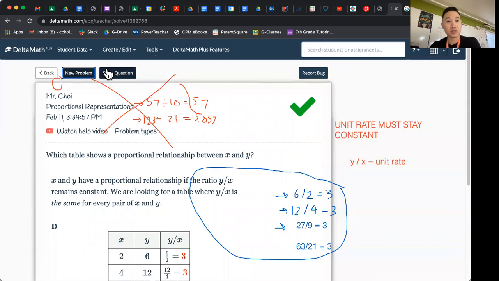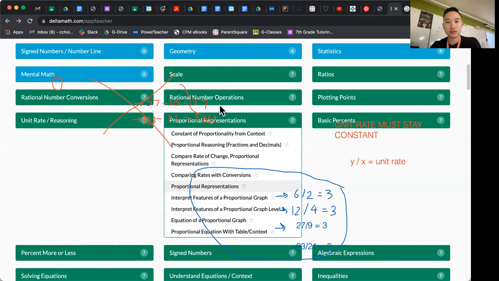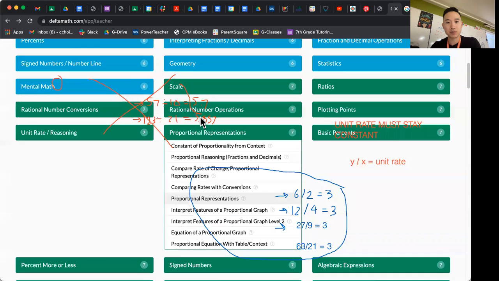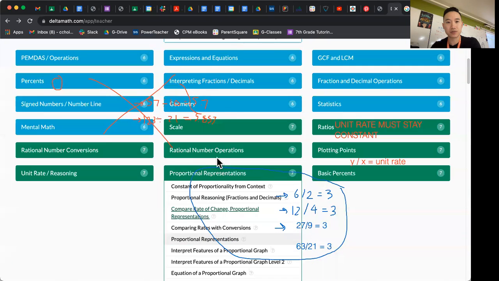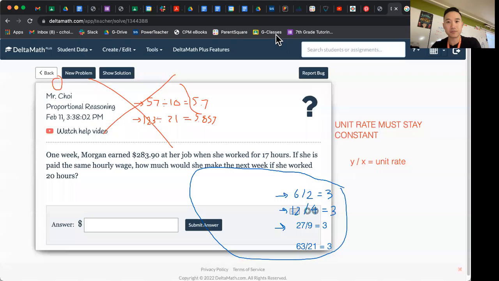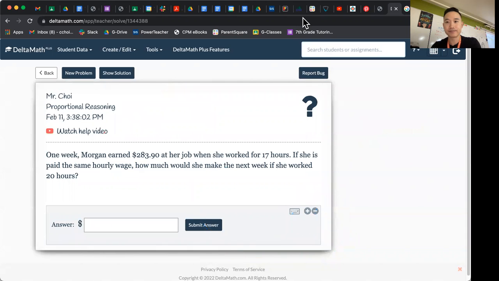I do want to go over one word problem though. So if I go back to the skills, proportional relationships. There we go. That's a good one. When you're dealing with proportional word problems, it pretty much has to come down to the unit rate again.